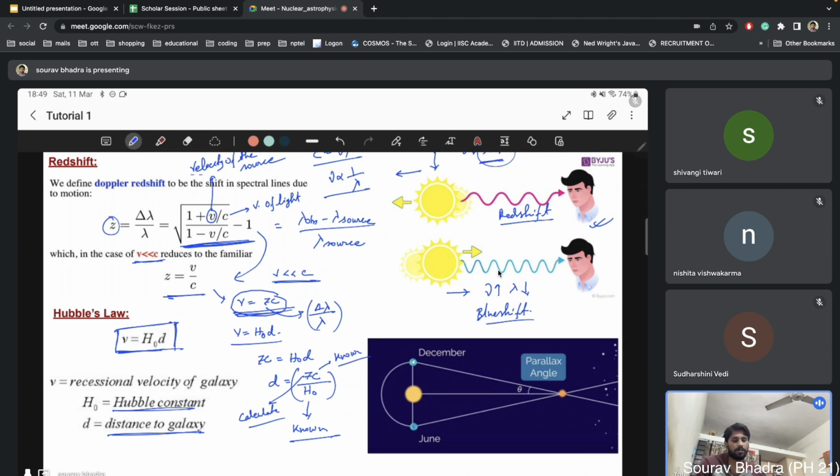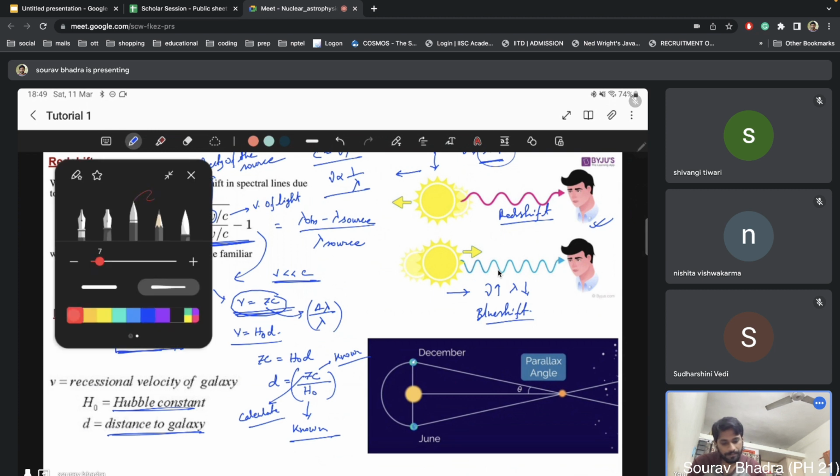This was the statement of the problem. I will not go through the line by line calculation. Just equate the velocity of the object from both theories, that means from the redshift and from Hubble's law, and you can calculate the distance. Okay. This is the main part: Z c equals H0 D.